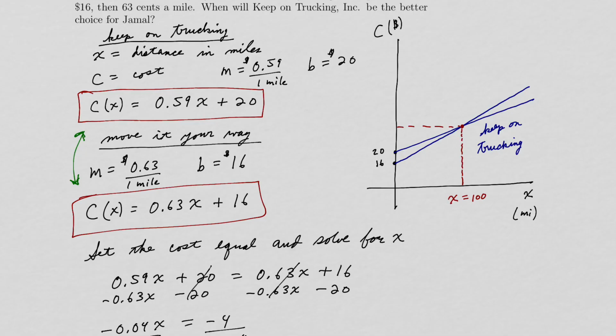I probably should have done this in a different color. This one is Move It Your Way, and this one is Keep On Trucking. So after 100, Keep On Trucking is less expensive. Before 100, it's actually cheaper to use Move It Your Way. It's the same at 100 miles, and then after 100 miles, Keep On Trucking is cheaper.